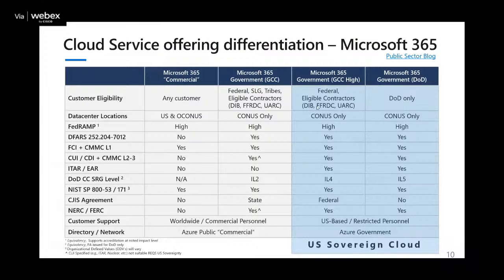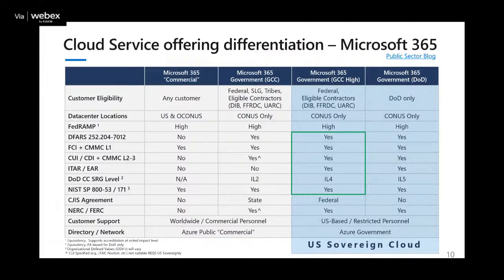So to really drill down into this at a high level, the unique characteristics of Microsoft 365 GCC High and its pairing with Azure Government and the U.S. Sovereign Cloud is that it's able to give you a contractual agreement that you can be able to meet, for example, the requirements for protecting export control data and controlled unclassified information to the higher watermark.